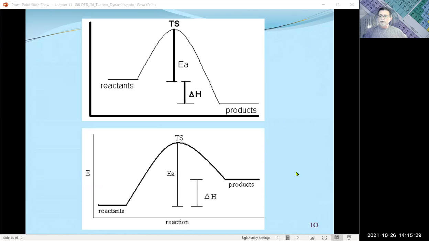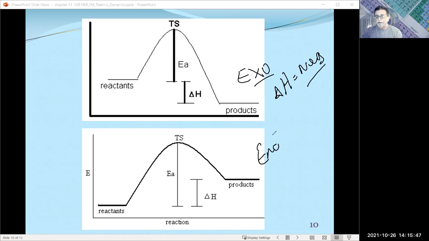And here are the two diagrams side by side. Notice the top one would be an exothermic reaction. We will have a delta H with a negative value. Down here will be an endothermic reaction. The delta H will be a positive value.